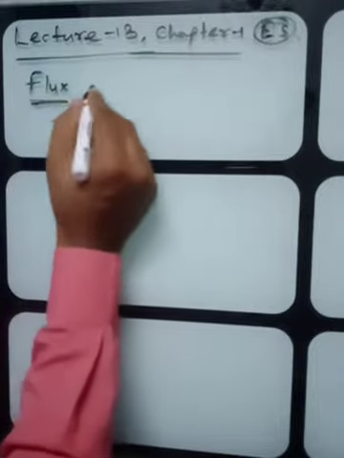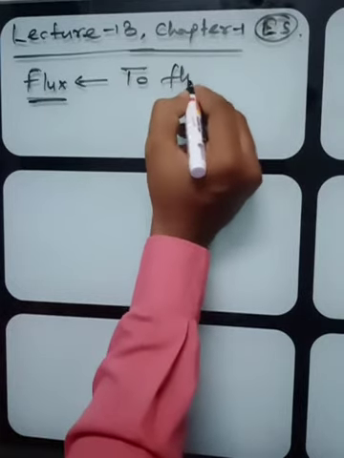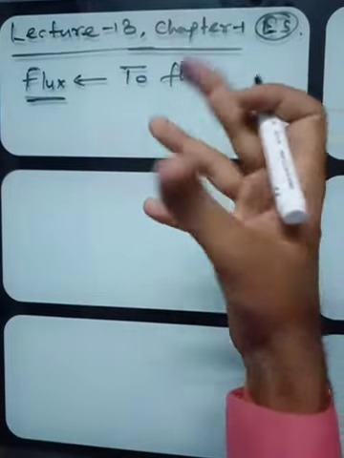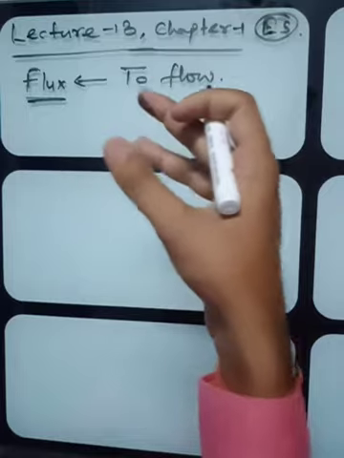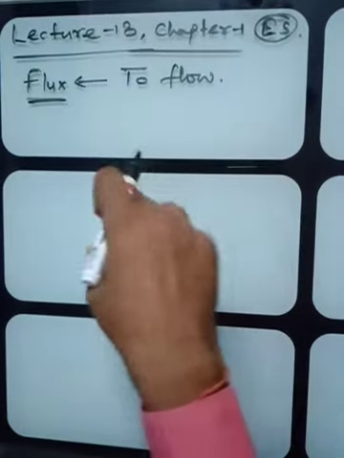The literal meaning of flux is to flow: the flow of water, the flow of air, the flow of electric field lines, the flow of magnetic field lines, all of that is considered flux.